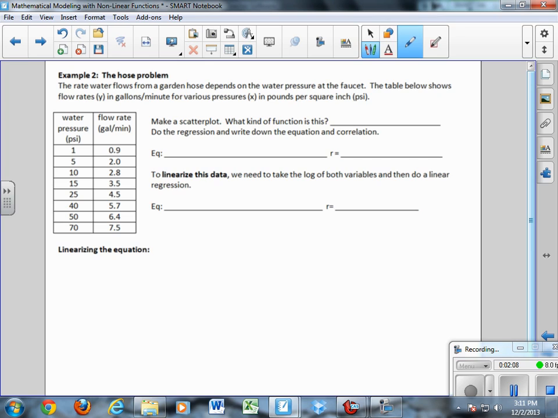This is a power regression. The equation is y equals 0.89553 times x to the 0.501128, and our R value is 0.999953. Now to linearize the data, I'm going to take the log of both variables.